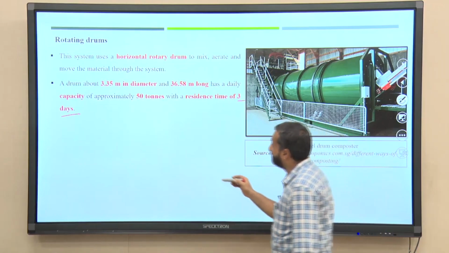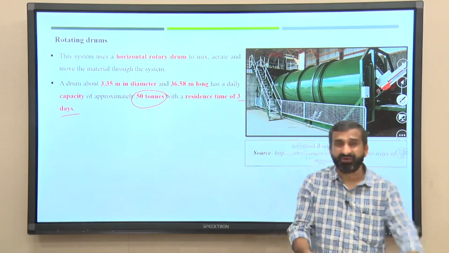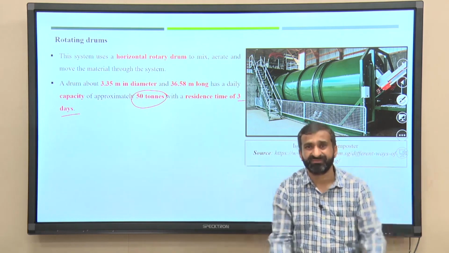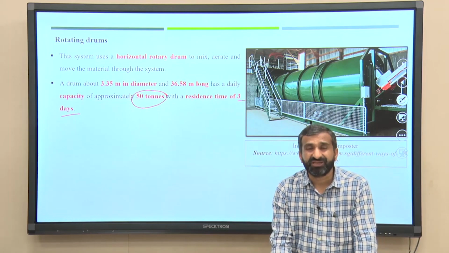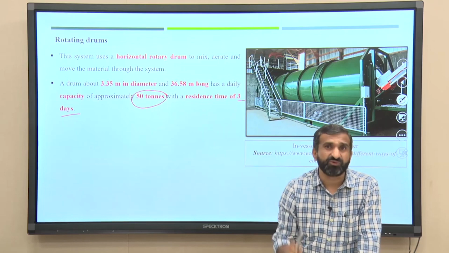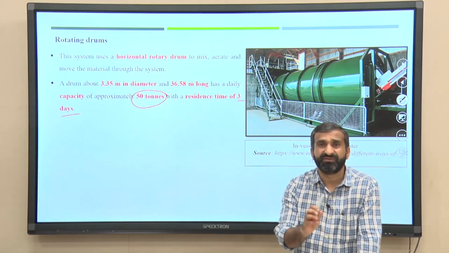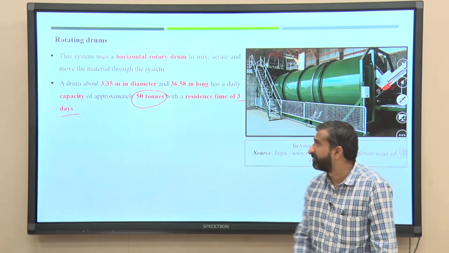So, you see here the capacity is also 50 tons. Now, for 50 tons per day in a windrow composting facility, you will require a huge amount of area for the degradation process, and even the degradation time goes from a minimum of 30 days to a maximum of 90 days. But even 30 days is very difficult to get proper degraded or compostable material.